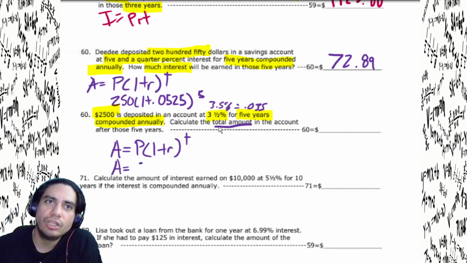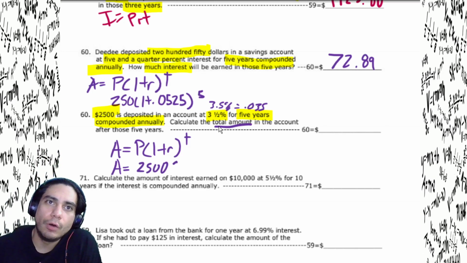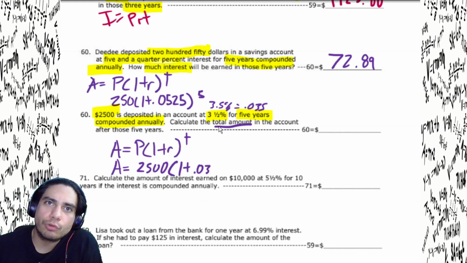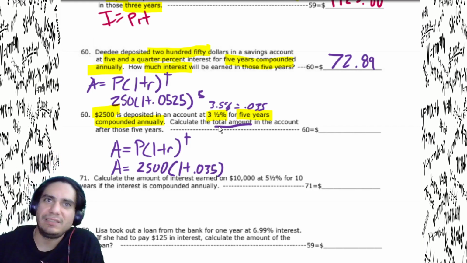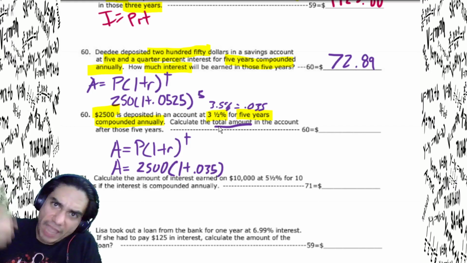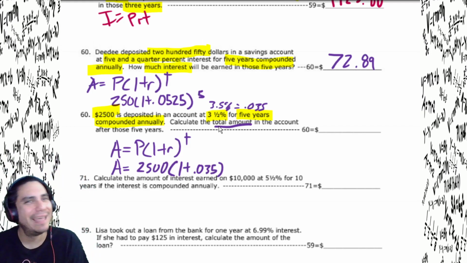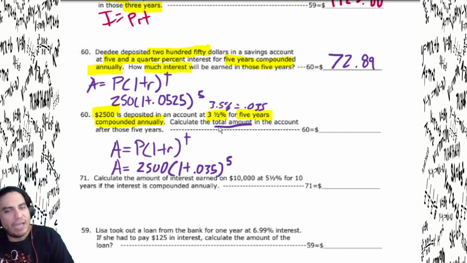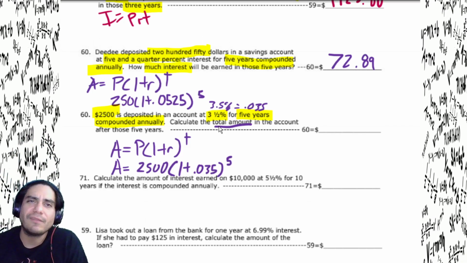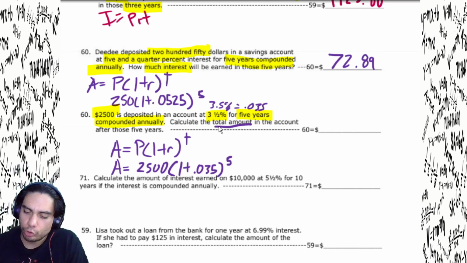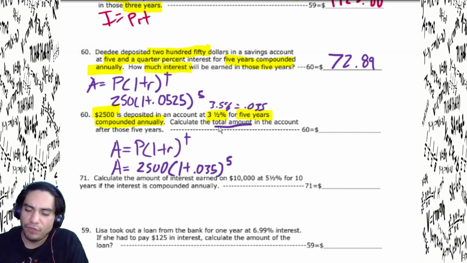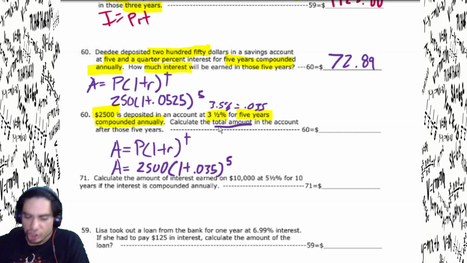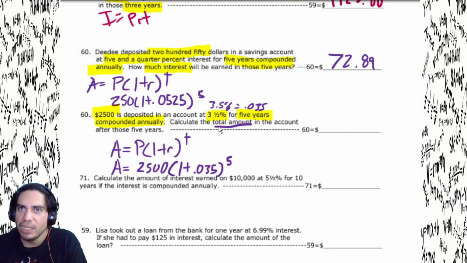A equals 2500 times 1 plus 0.035, raised to the 5th power. I'm just having a little fun, ladies and gentlemen. All right, let's set it up. We got 2,500, 1, enter, 0.035 added, 5th power, multiply.